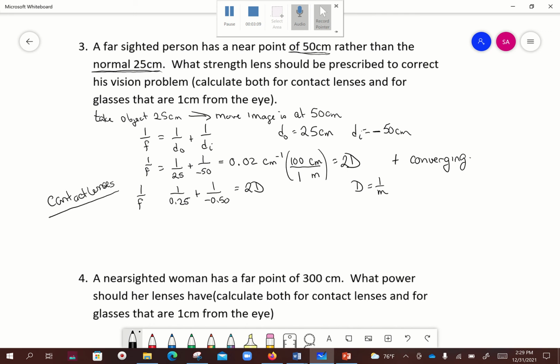What do we do if they're wearing glasses? Well, if they're wearing glasses that are 1 centimeter from the eye, then what's going to happen is that di is going to go from being 50 centimeters to 49 centimeters.